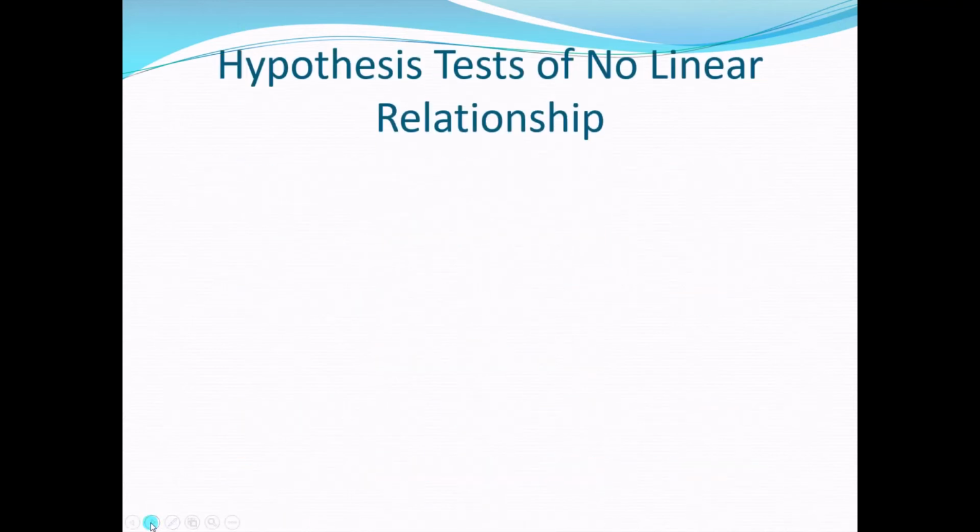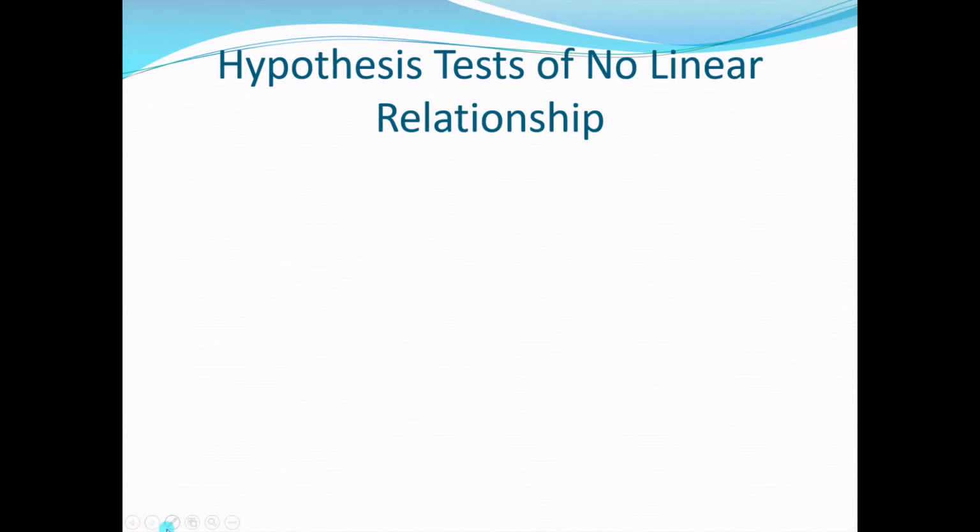All right. That was so easy, we can do hypothesis tests of no linear relationship at the same time. Remember our chi-square test of independence was that H0 is that the variables are independent, meaning that they're not related, no relationship. All right, this is the same thing. We're looking for a test of no linear relationship. So that will be H0, right?